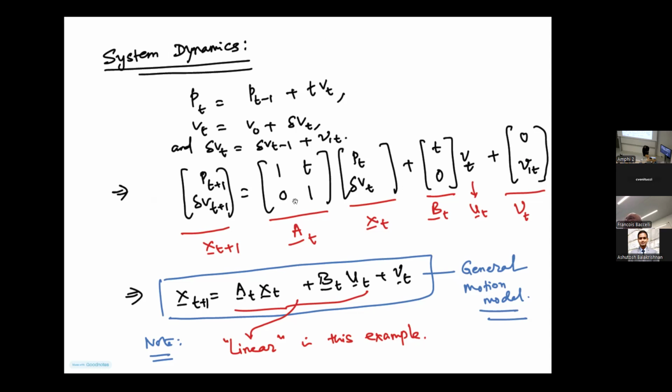And so this is in a matrix form. Xt plus 1 is A times xt plus B times ut plus v, which is noise. U is the input or the parameter which we can observe. And if you observe this entire system dynamics, this is a linear system dynamics, that is just linear in time. So this is an example of a linear time varying system.